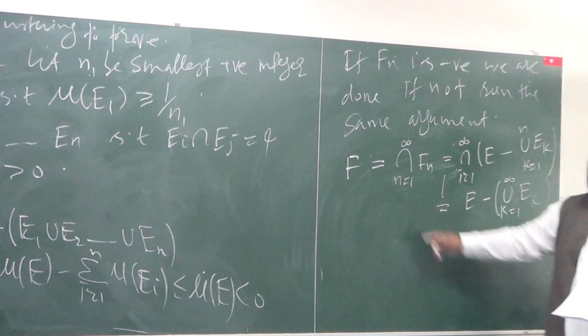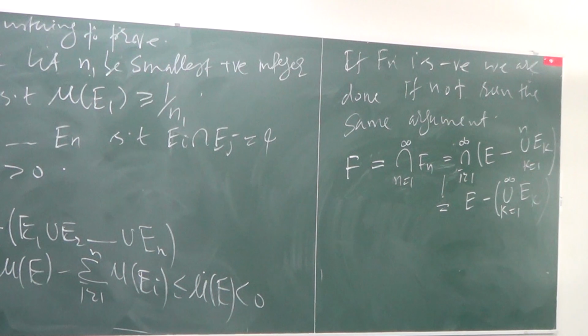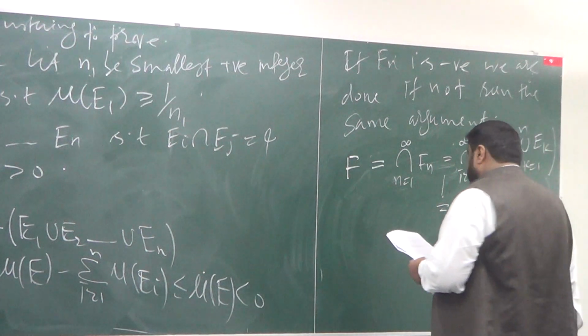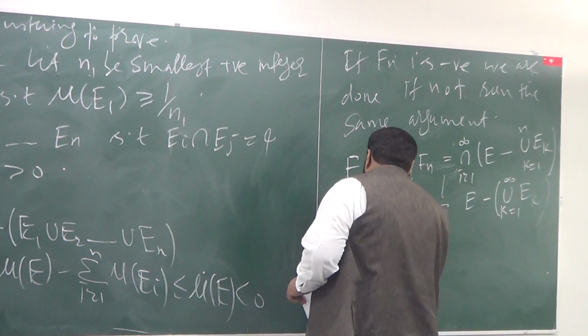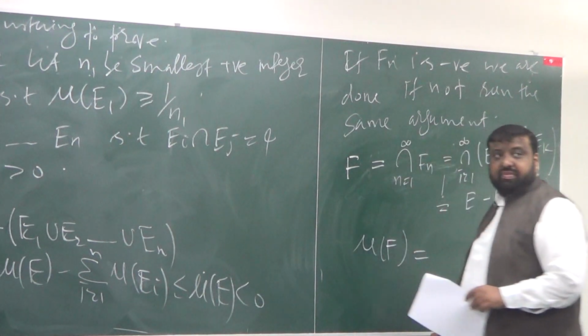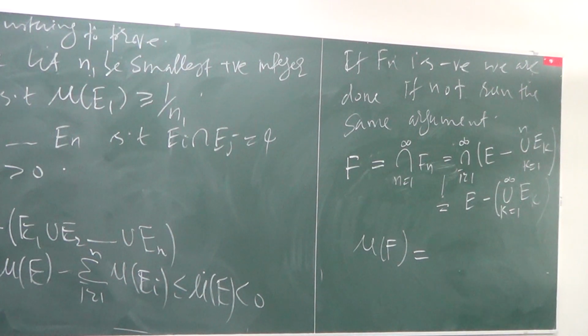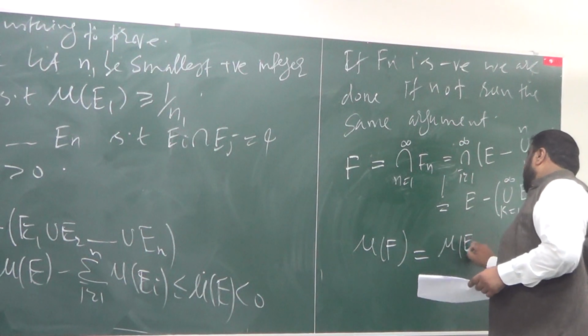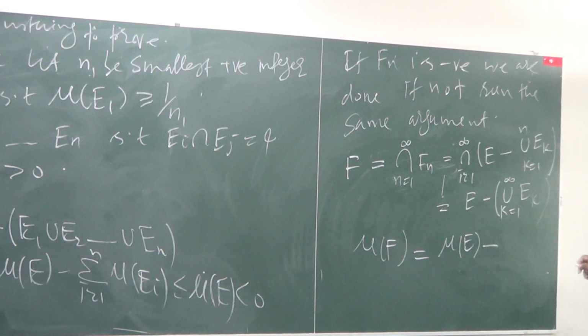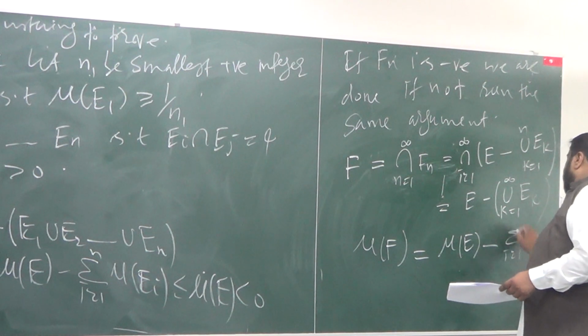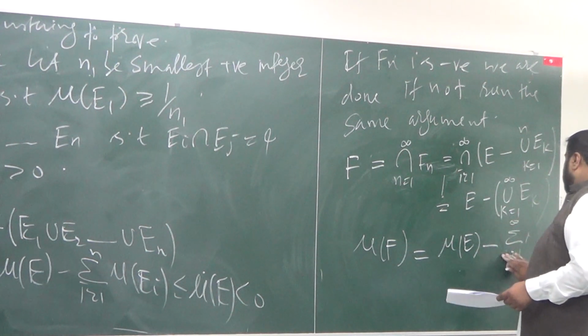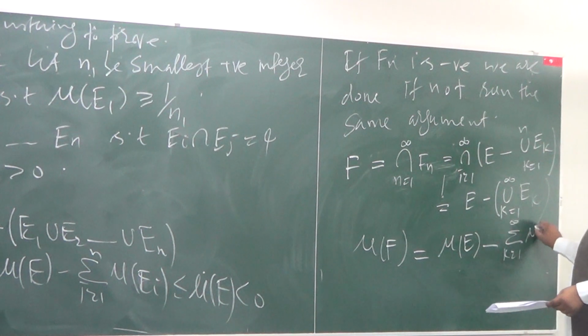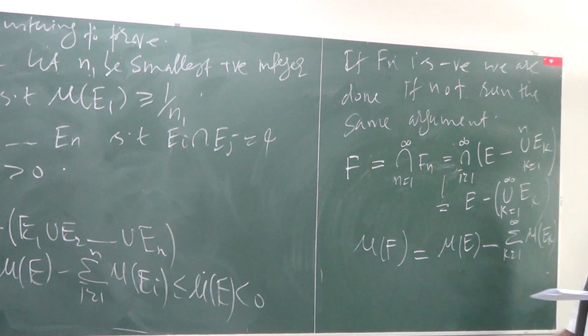And my claim is that this F is necessarily negative. If you take any part of it, it must always be negative. Why would this be the case? By the way, what would be the measure of F? The measure of F is the measure of E minus the summation from k equal to 1 to infinity of mu of Ek.